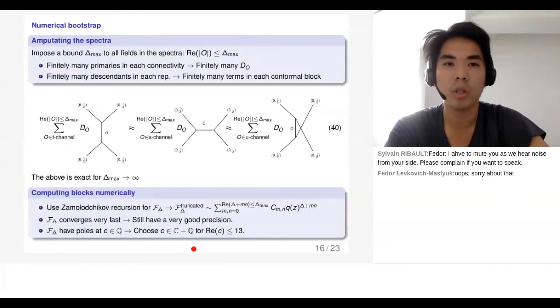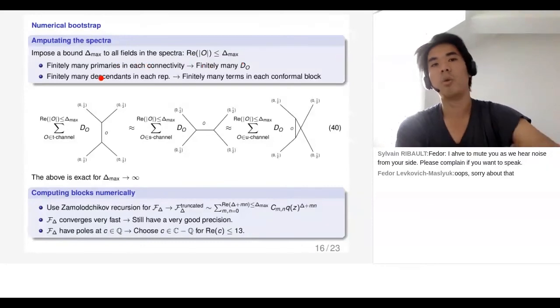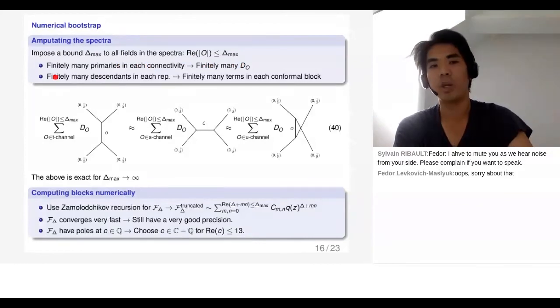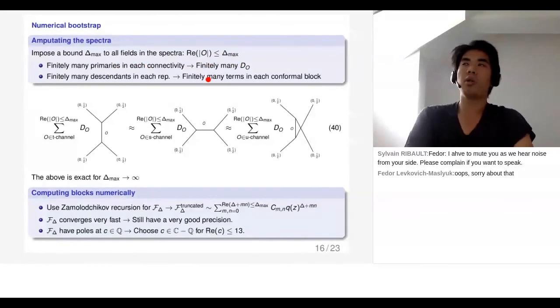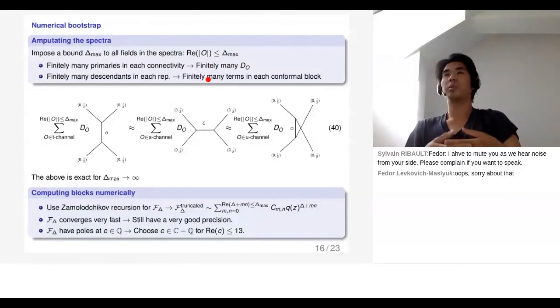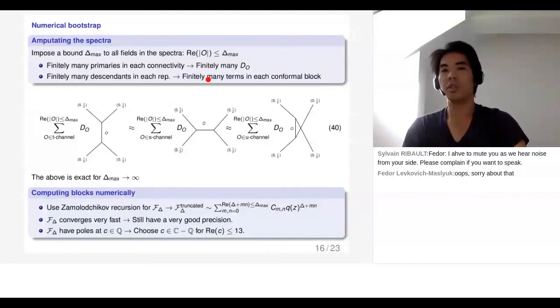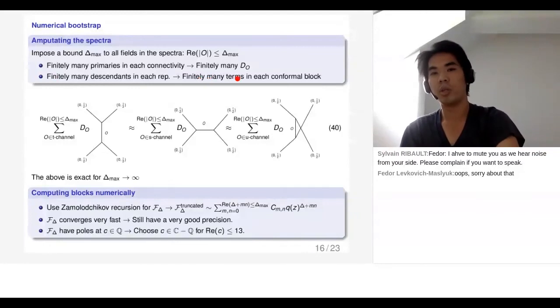This means that we would have finitely many primary fields in this connectivity, and of course, finitely many structure constants. And since we are imposing this bound on all fields, we would have finitely many descendants from each primary field. If you recall that these conformal blocks are just an infinite sum over these descendants, therefore we also have finitely many terms in each conformal block.